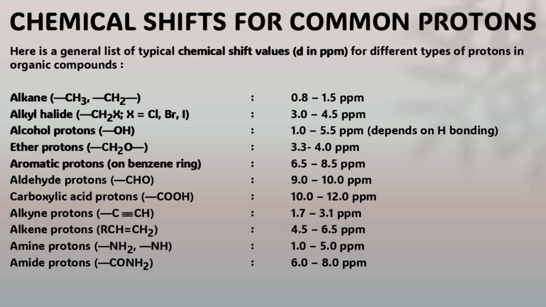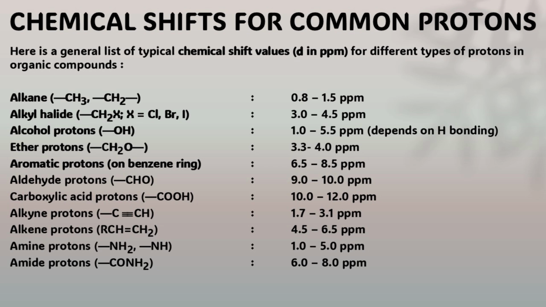Aldehyde protons, CHO, 9.0 to 10.0 ppm. Carboxylic acid protons, COOH, 10.0 to 12.0 ppm. Alkyne protons, C triple bond CH, 1.7 to 3.1 ppm.